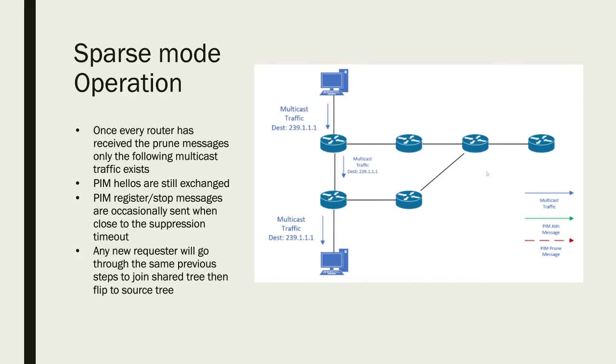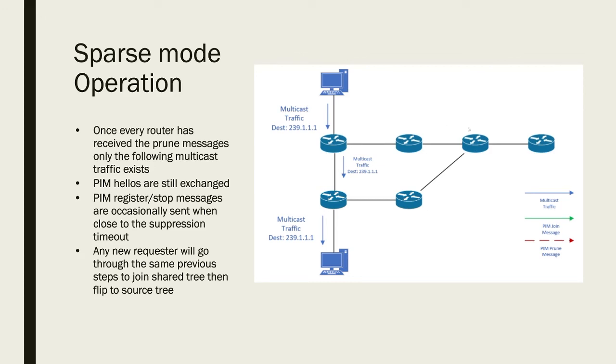So a good example of why that is a bad thing is, if this intermediate device now has a requester, well, it's got to go through that same process again. It's got to go to the RP, say, hey, I'm interested. The RP has then got to join towards this designated router. Designated router forwards via the RP back down to this interested router. And yet again, the requesting router is going to say, hey, that's a bad path.